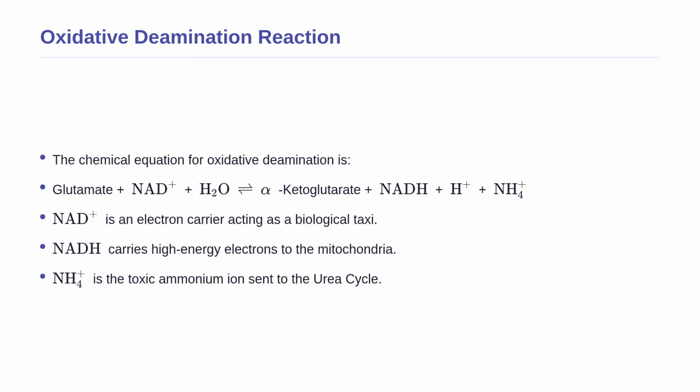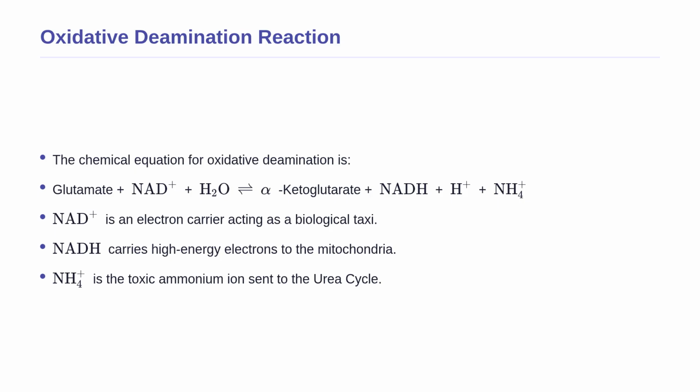Since we know the stakes are high, let us examine the exact chemical equation that makes this safe processing possible. This formula represents oxidative deamination, where glutamate acts as the central collection point for nitrogen. NAD+ is an electron carrier, essentially a biological taxicab waiting to pick up high-energy electrons. Water is used to hydrolyze the molecule.